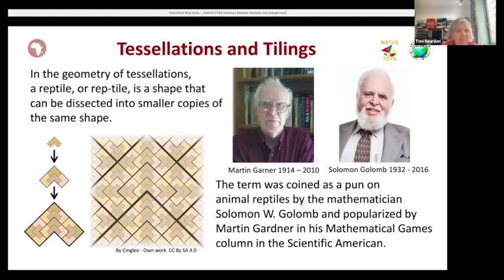And this particular term was coined by Solomon Golomb, and later on popularized by Martin Gardner in his mathematical games. So imagine any kind of shape that you can dissect into smaller copies of the same shape.